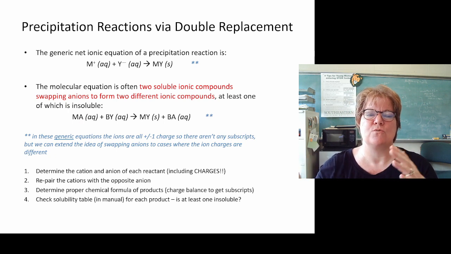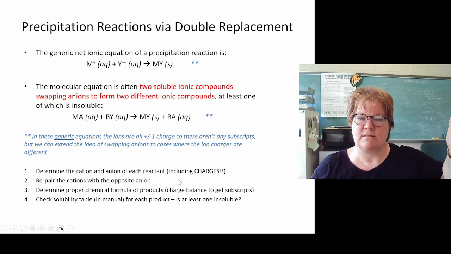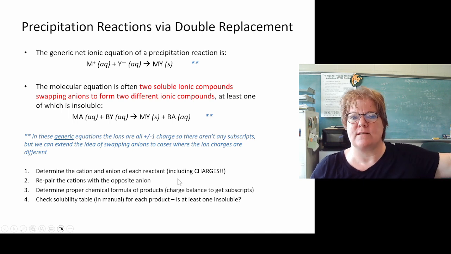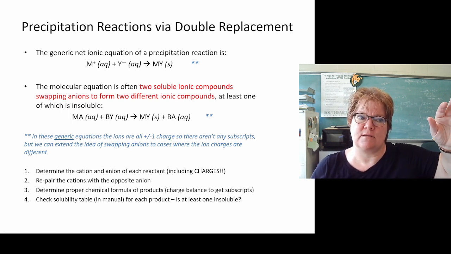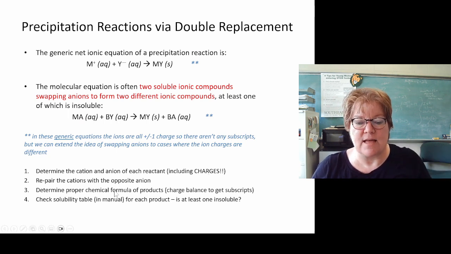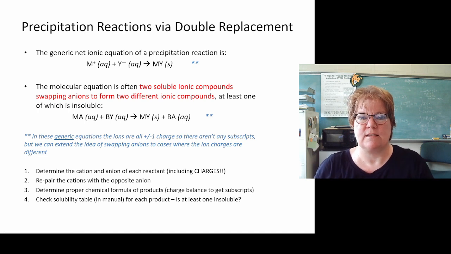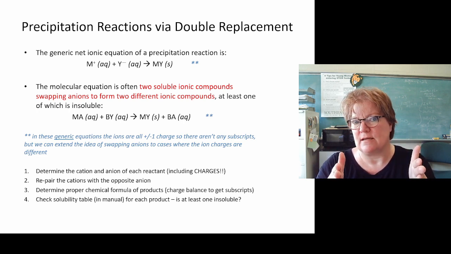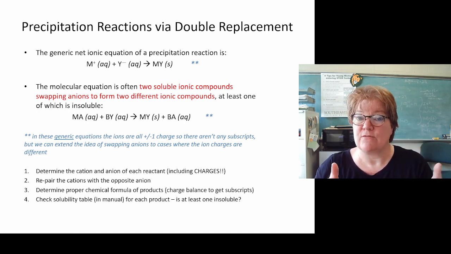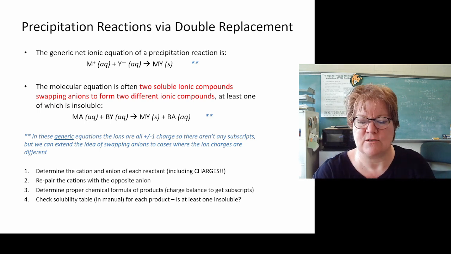And then I'm going to do a swapping, considering charge balance, and figure out the products that I'd have. I'd have a compound and then the other ion left over. And then go to the solubility table and determine if any of the compounds that I'm making are insoluble. If they're insoluble, they're solids. I've made a precipitate. So that's how you'll have to go about doing this.